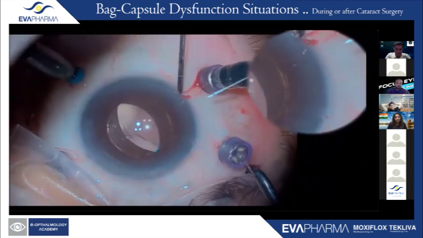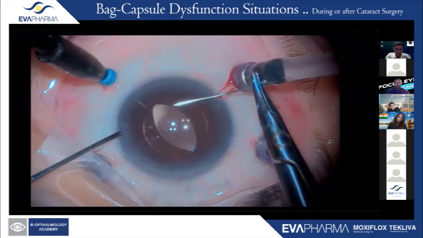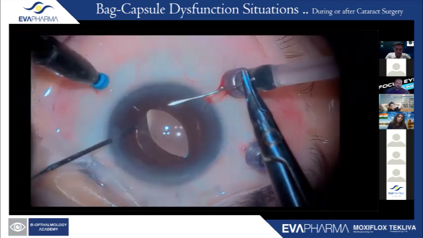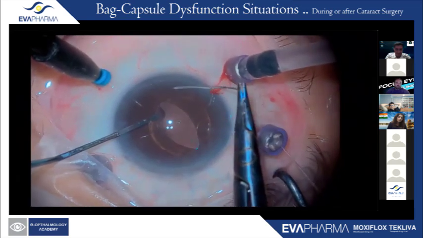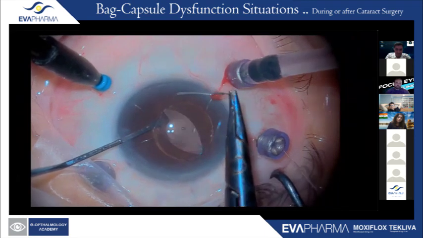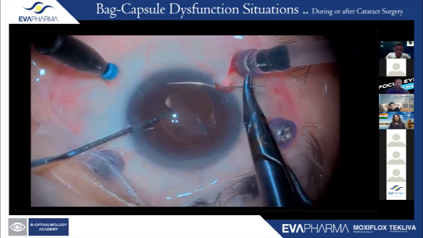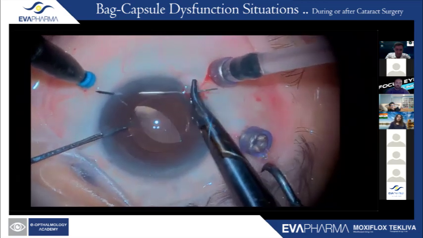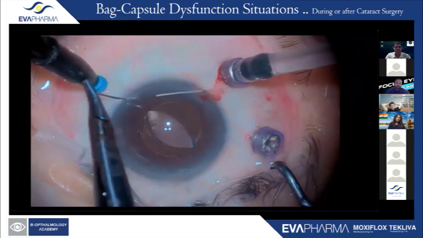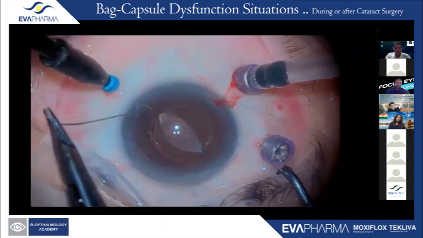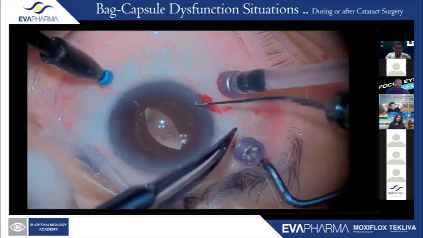I'm using a Siepser sliding knot for that. It's the same as mechanical. So the aim is to pinch the iris in mid-periphery. That way you avoid the small and the larger vessels of the iris, and the positioning of the IOL can be well controlled.